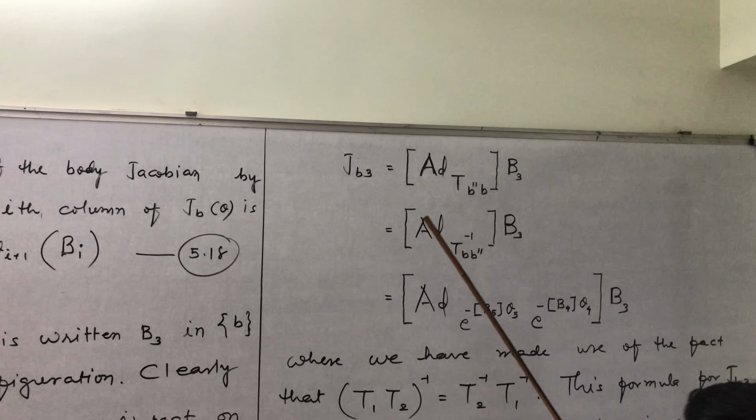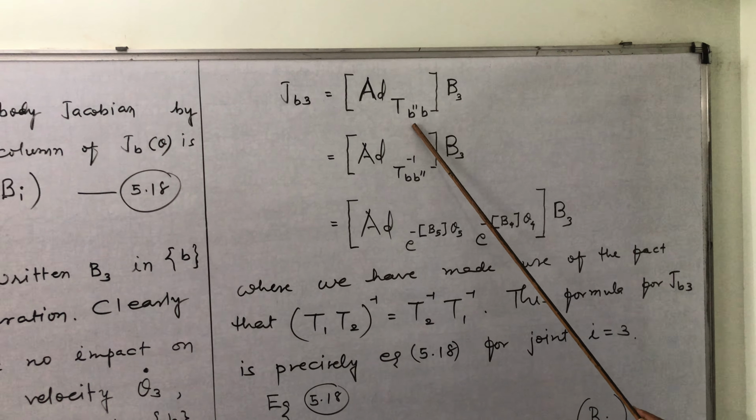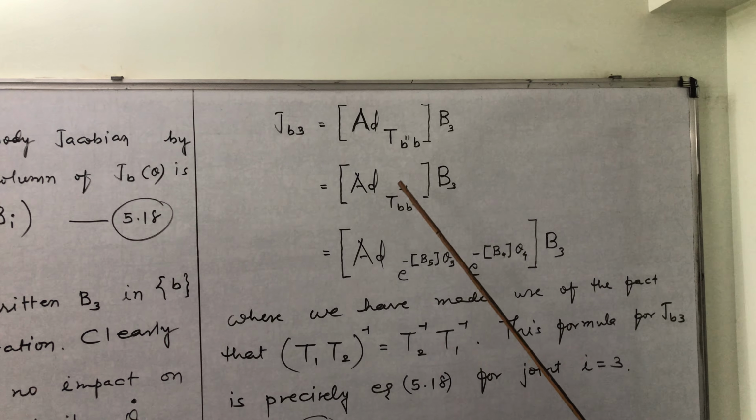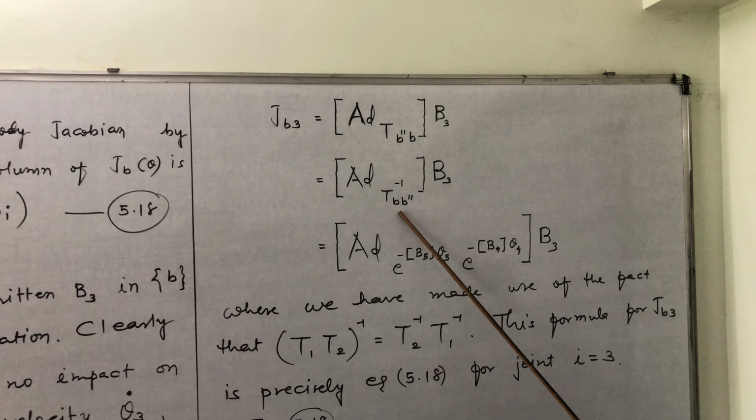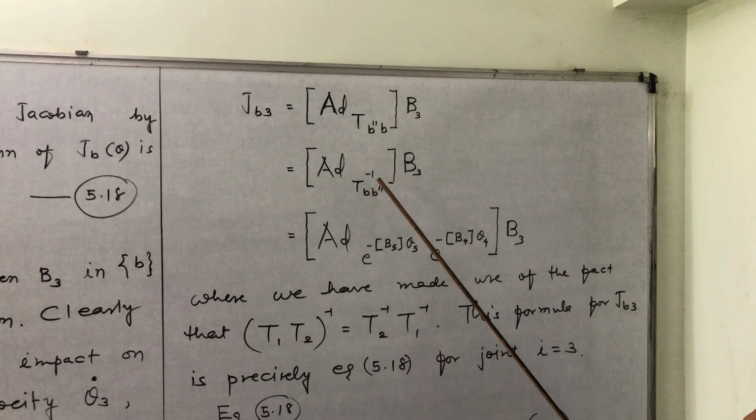Since B3 is expressed in B, we have JB3 is the adjoint of TB double dash B into B3, according to the definition. But we have TBB double dash, so we have to take the inverse. This one is the inverse of this.